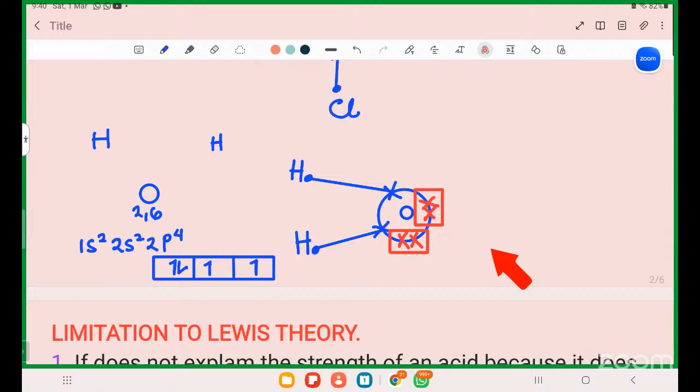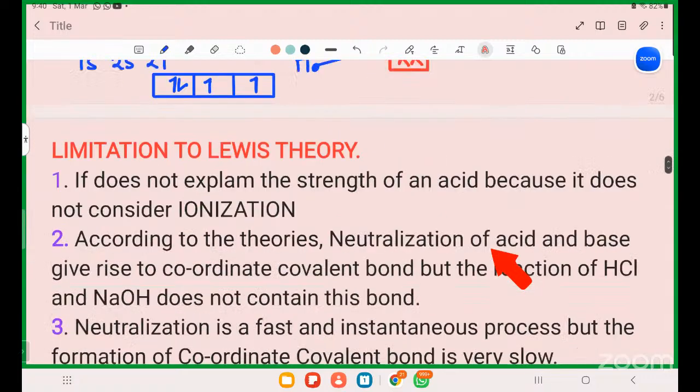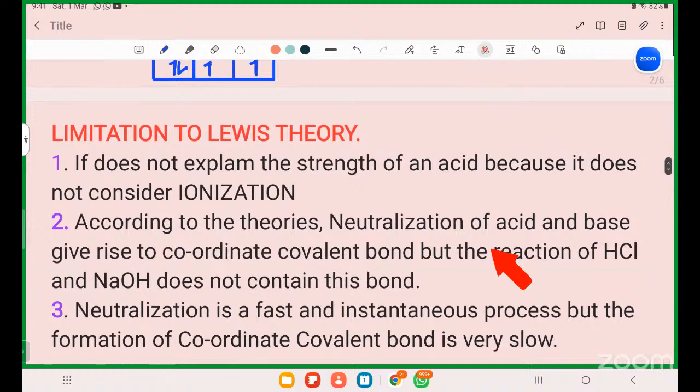It is an example of an amphiprotic substance. All right, let's quickly proceed.